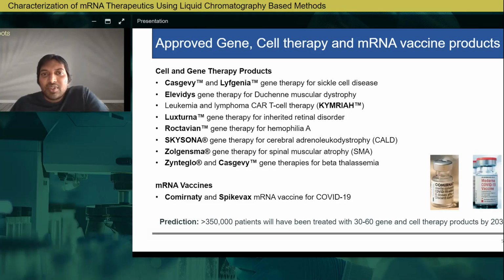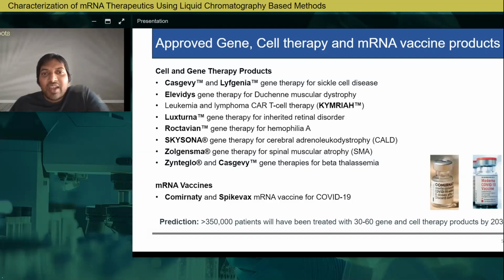And Kymriah is a CAR T therapy for leukemia and lymphoma. There are other gene therapy vectors that have been previously approved, like Luxturna, Rotavec, Skysona, as well as cell therapy products like Casgevy and Zynteglo for gene therapy for beta thalassemia. And coming back, the talk really focuses on mRNA therapeutics.